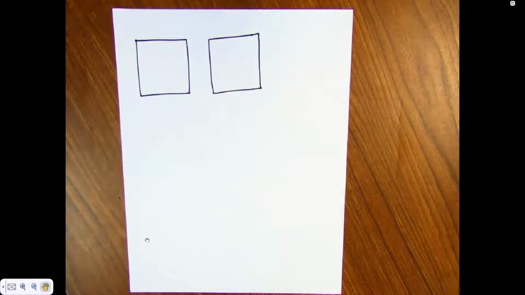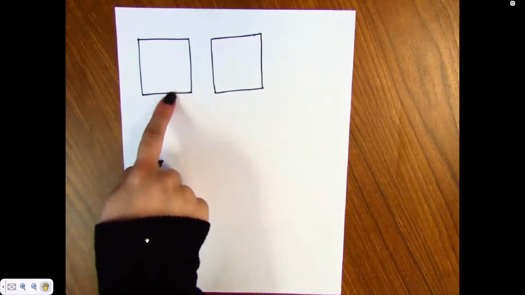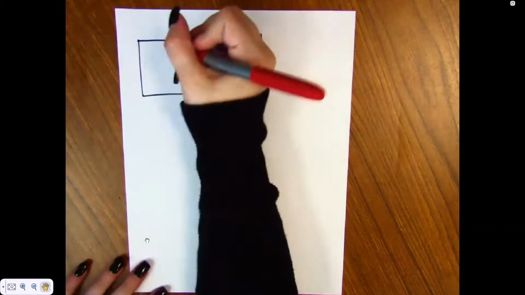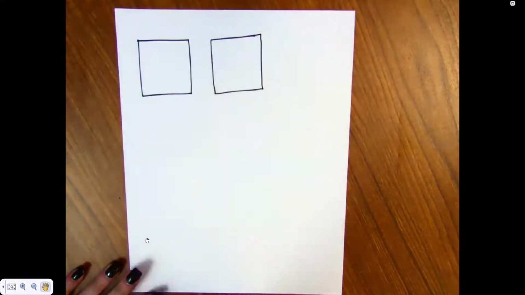Okay, so Katya's nodding her head yes. Sarah's nodding her head yes. So Gabriel, how would you divide this square into 4 parts? Let me fix my volume real quick. Okay, I fixed my volume.